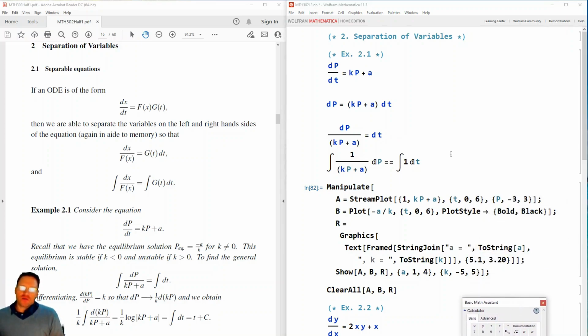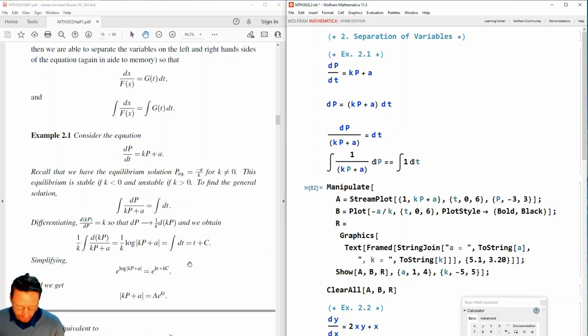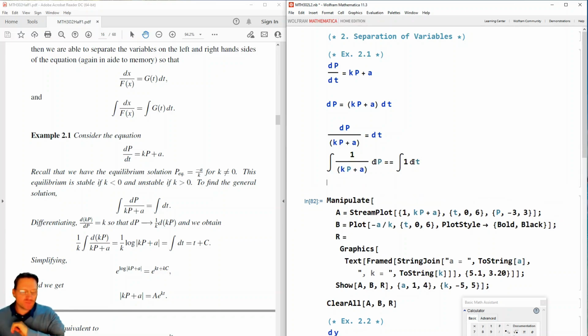Okay, so now that we've got that, we want to complete this integral, making some observations here about the form of the left-hand side. Now that proceeds by an integration by substitution.